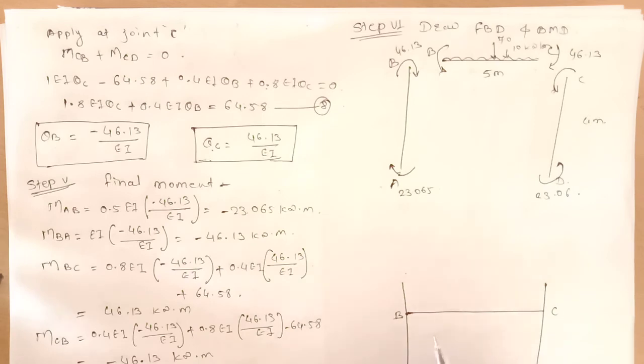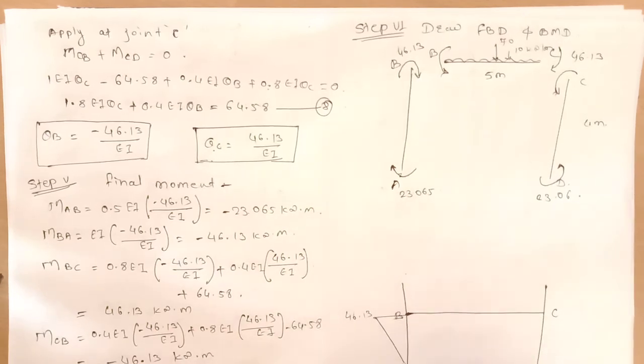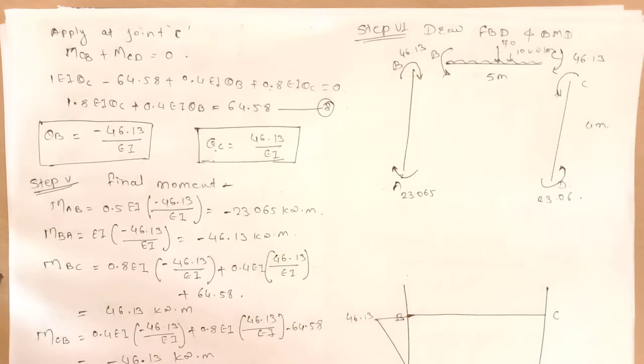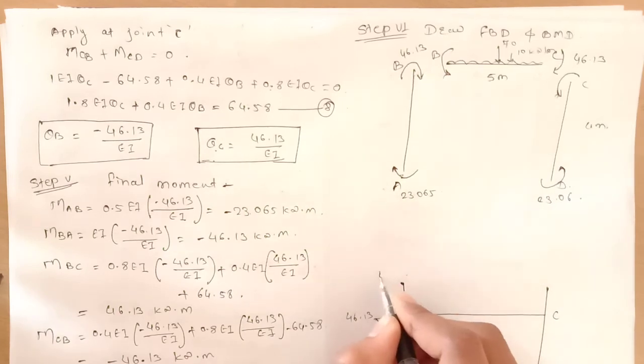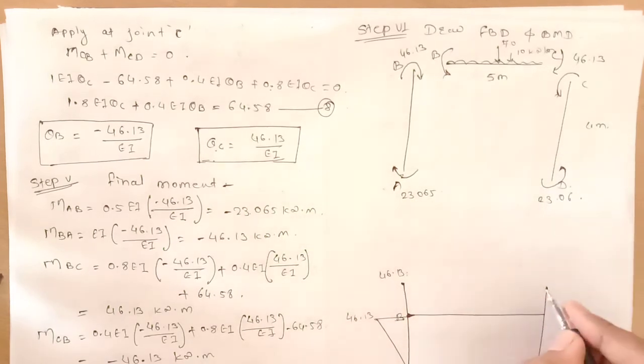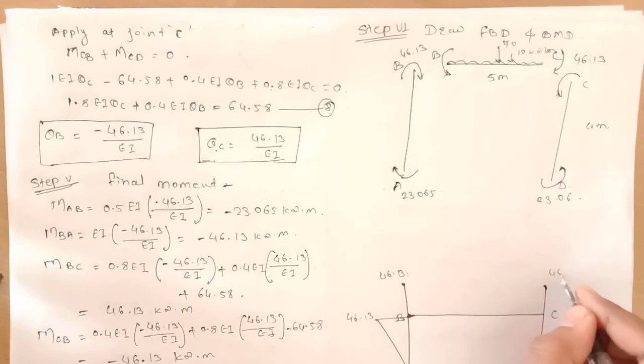And next, the end moment at member BA is 46.13 approximately here. So the diagram is like that. Then next, the end moment at member BC is 46.13 approximately here, and CB also 46.13.